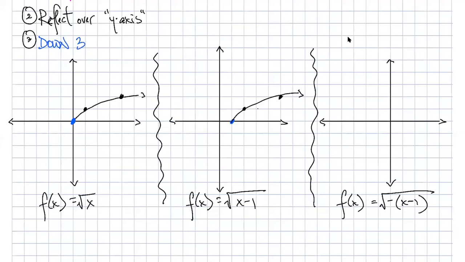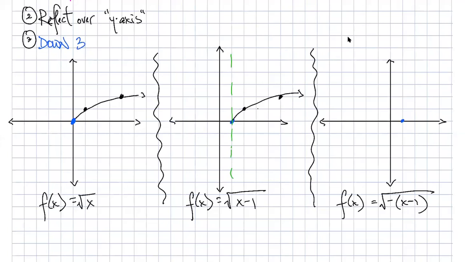So in this case, when we reflect over that y-axis, the thing we're actually reflecting about is right here. So if we moved over to the right one, when I say y-axis, I mean the new quote unquote y-axis. So we're actually reflecting about that center point, okay?